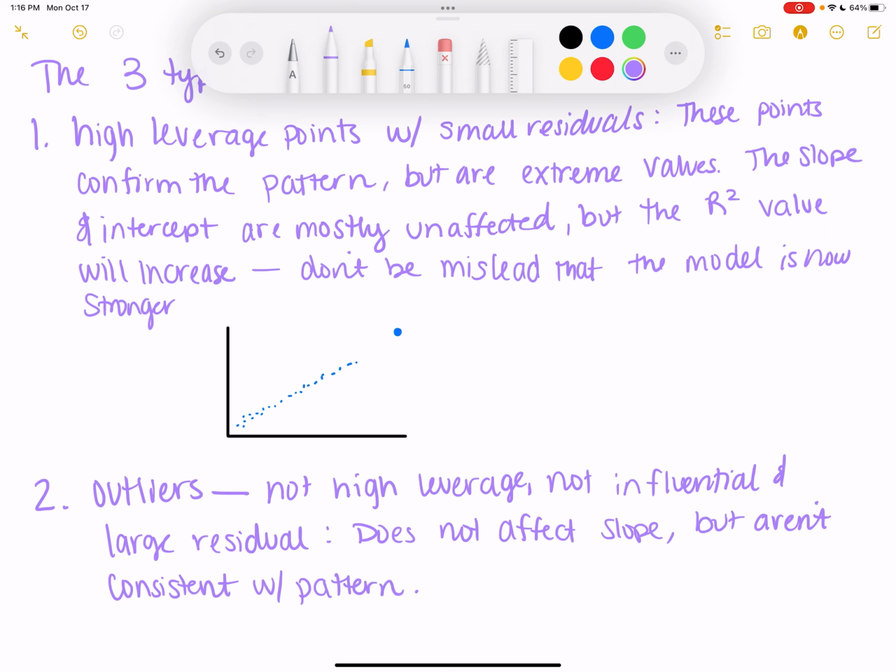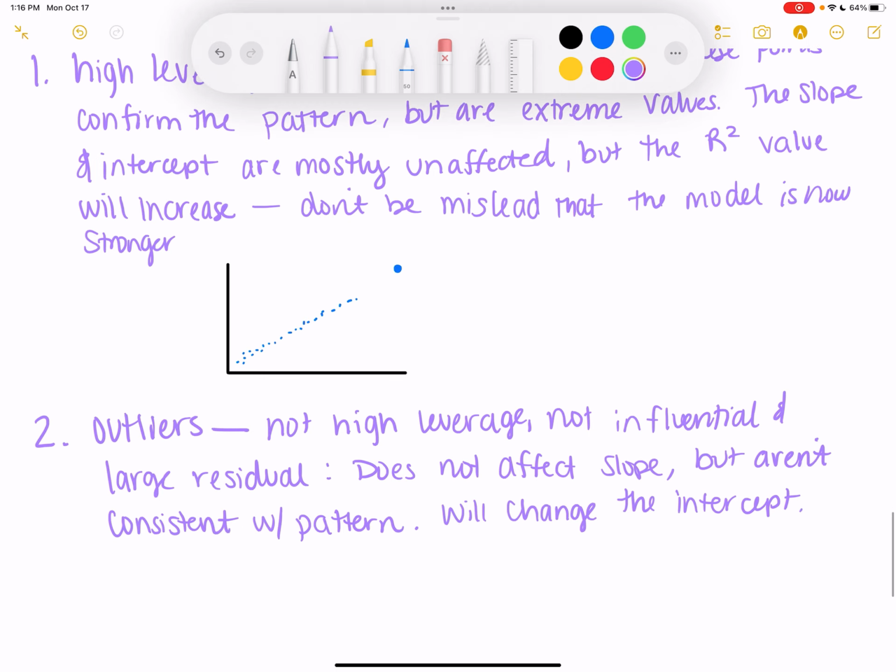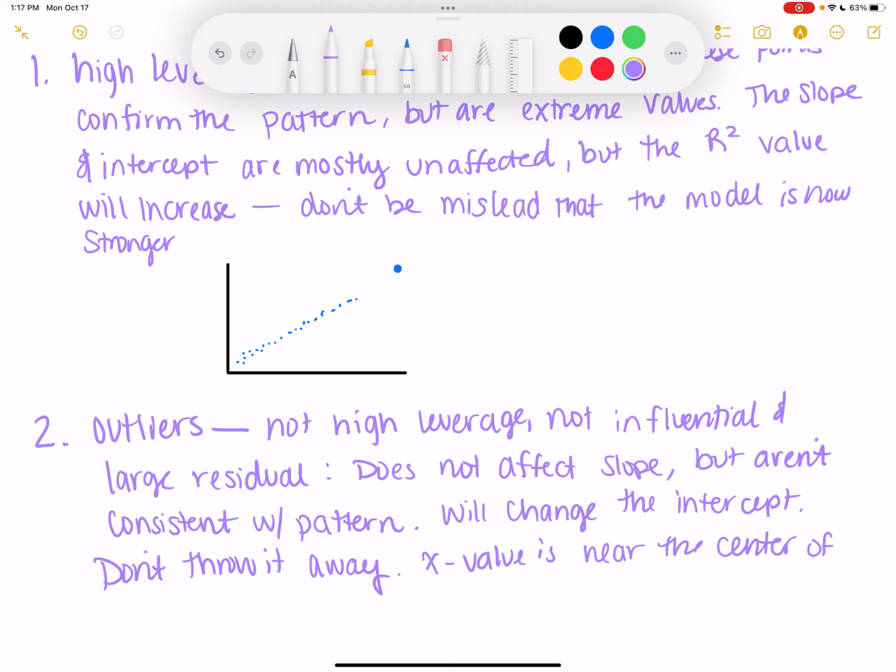We're almost done for today, don't worry. It will change the intercept. Don't throw it away. The X value is near the center of the mean of the X values.